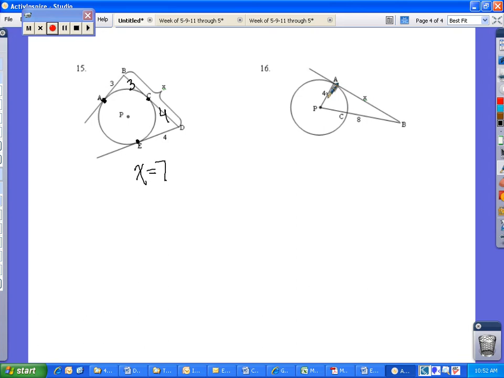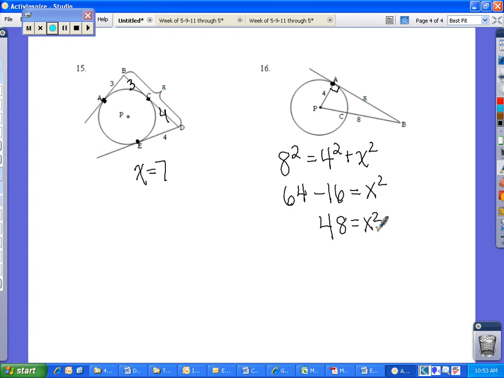And the last one, again, this is a right angle because A is tangent to the circle, and 8 is your hypotenuse, so 8 squared equals 4 squared plus x squared. Solving this equation gives you 64 minus 16 for x squared. 64 minus 16 is 48.